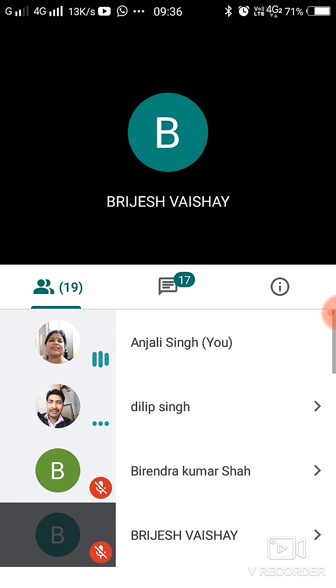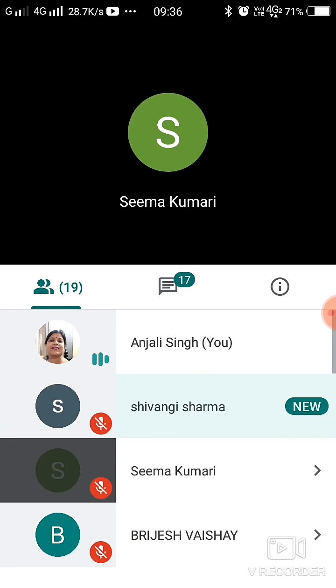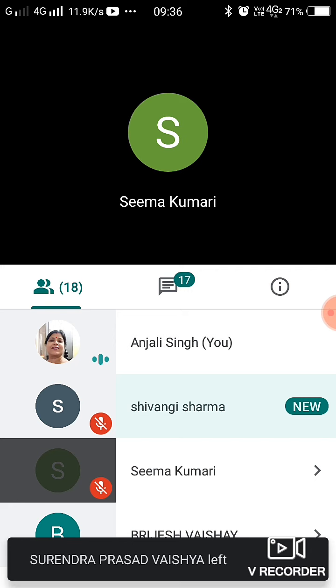Okay. Then listen carefully. On the basis of nutrition, plants can be categorized into two groups: autotroph and heterotroph. What are autotrophs? Auto means self and troph means to prepare.